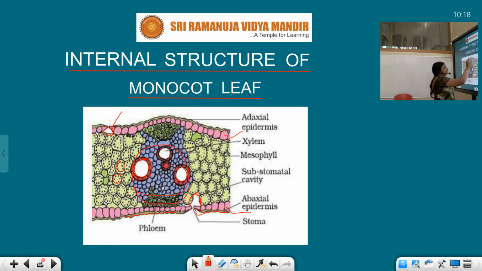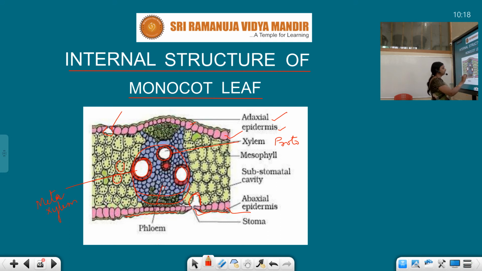So here also, this is the upper epidermis, the adaxial epidermis, and this is protoxylem, and this is metaxylem. On the lower side phloem is present.